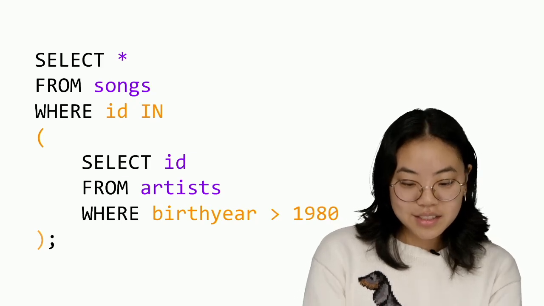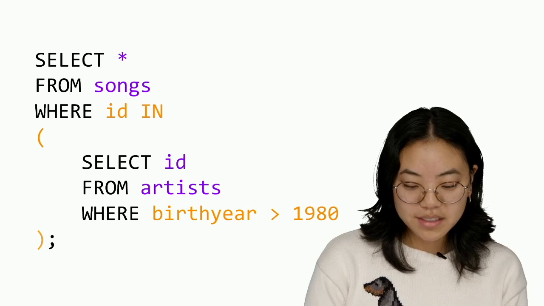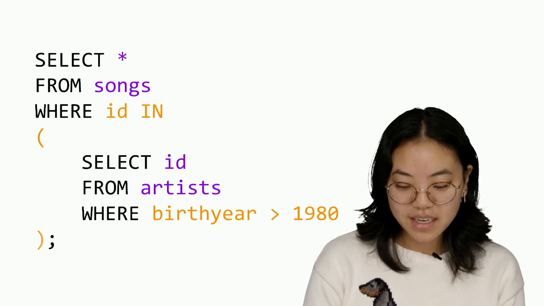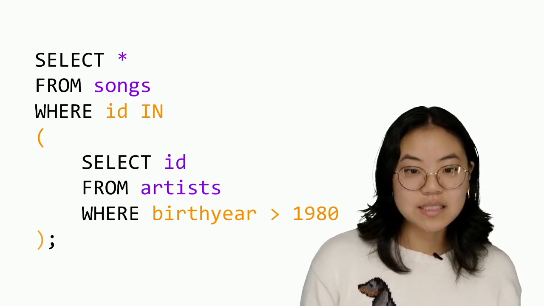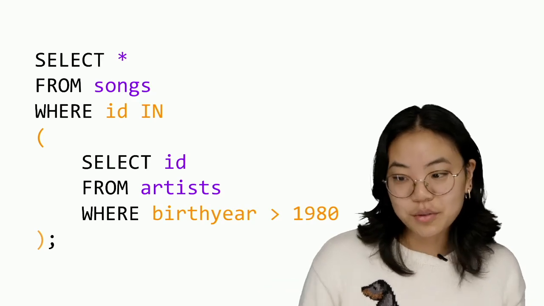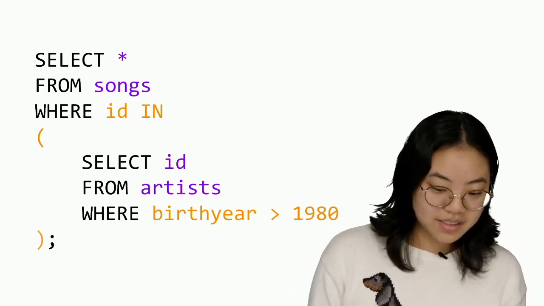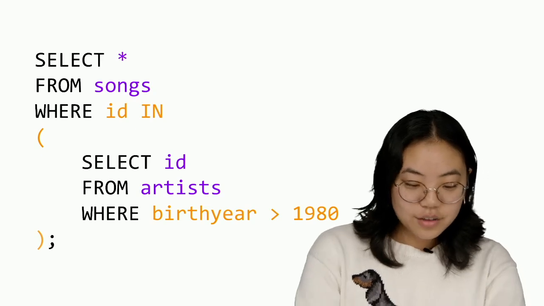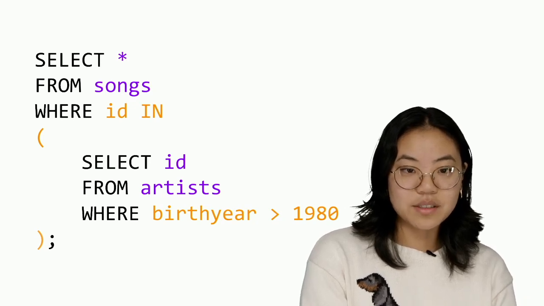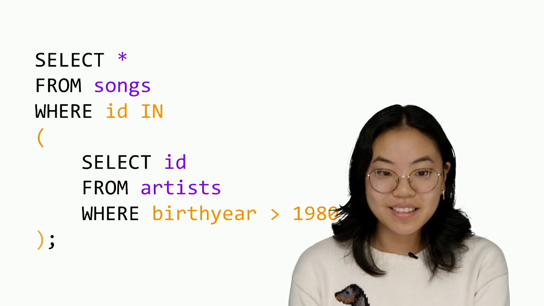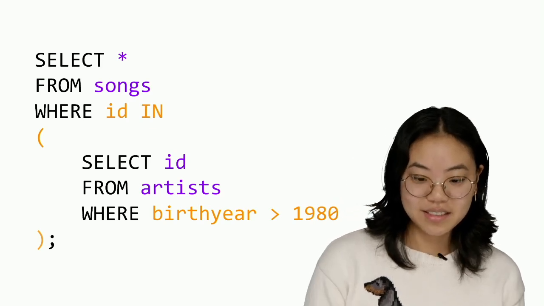That inner select query, select ID from artists where birth year is greater than 1980, this might actually return to me not just one artist, but 2, 3, 4, many artists. And then this outer select is now doing select star from songs where ID is in this list.